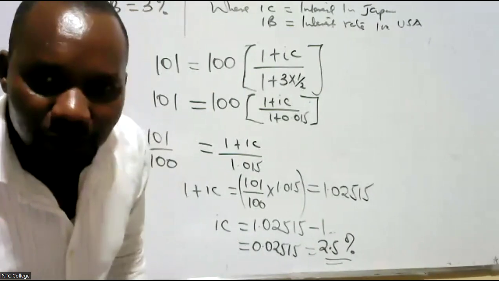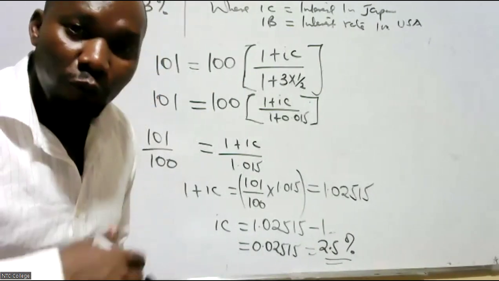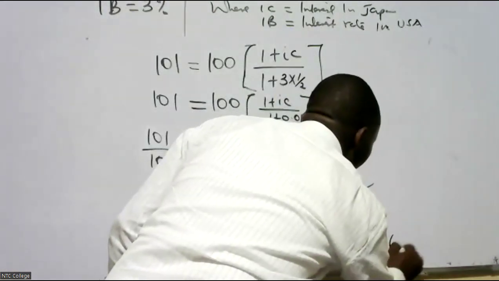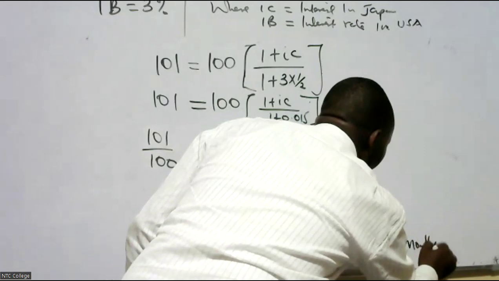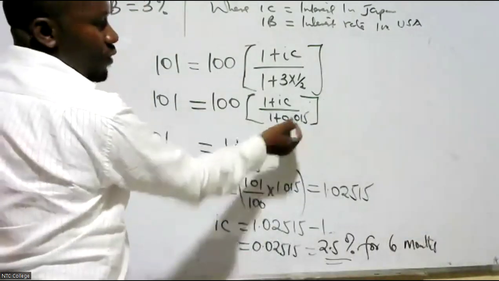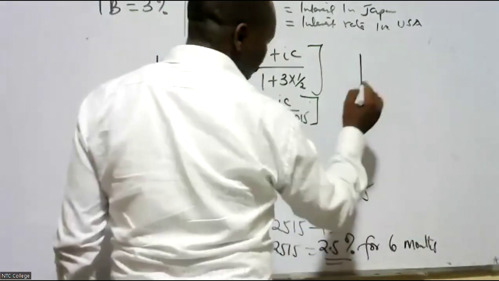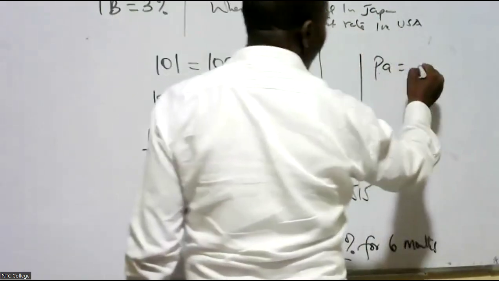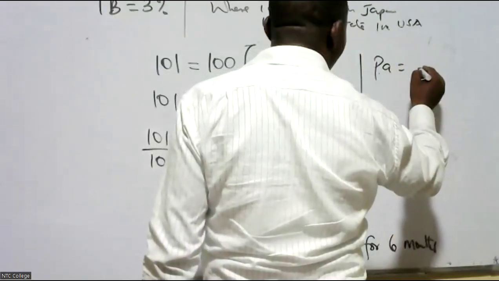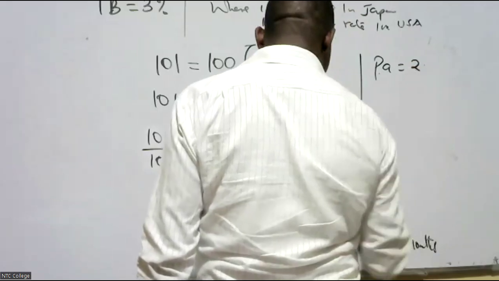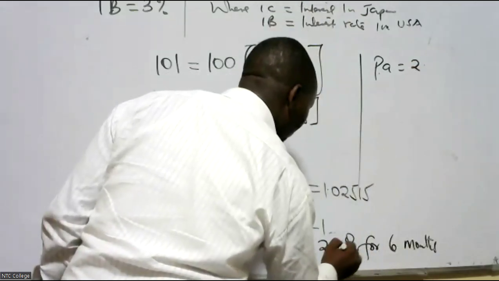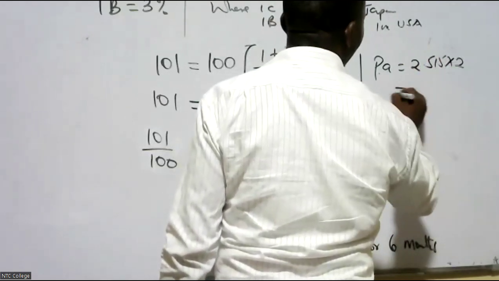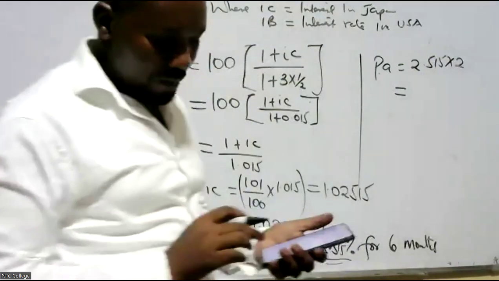Whatever you've gotten is for 6 months. Now, for it to be per year, since we have reduced this to 6 months, this one per annum is equal to 2.515 times 2. It is going to be 5 points.